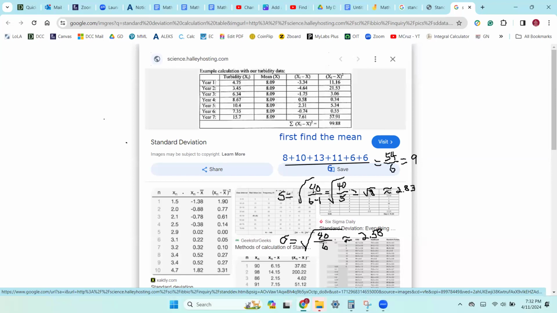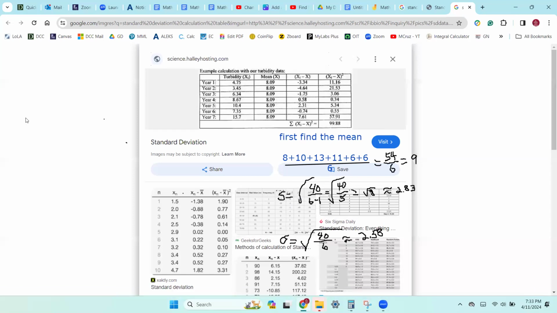Except ours were a lot smaller numbers, a lot more even numbers. Then depending on whether it's a sample, because if it's a sample, we're dividing by n minus 1.